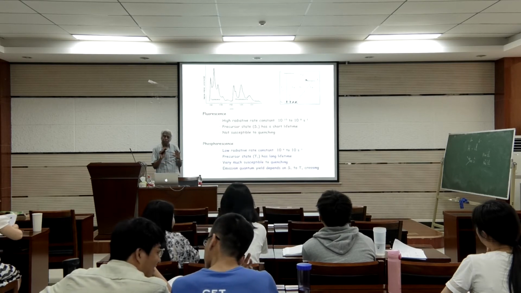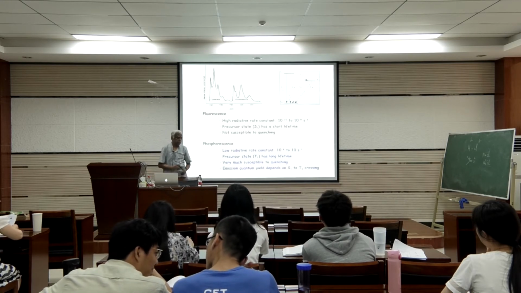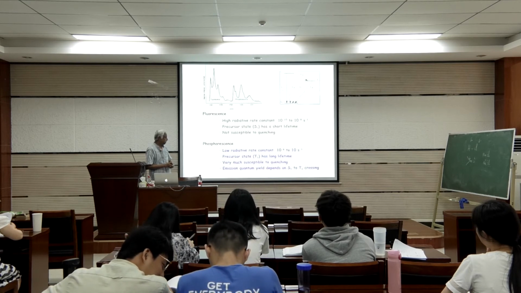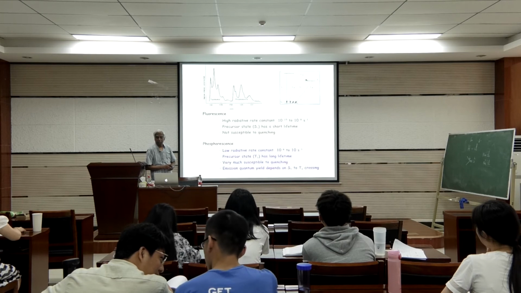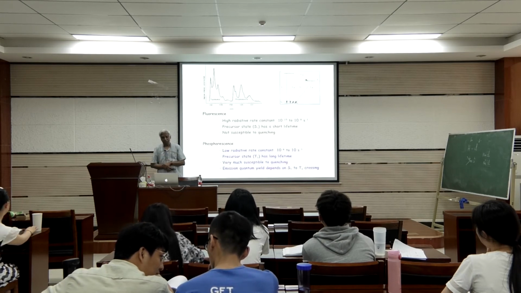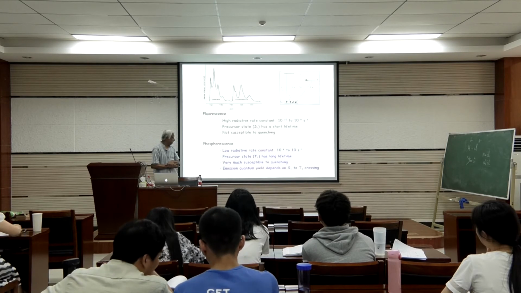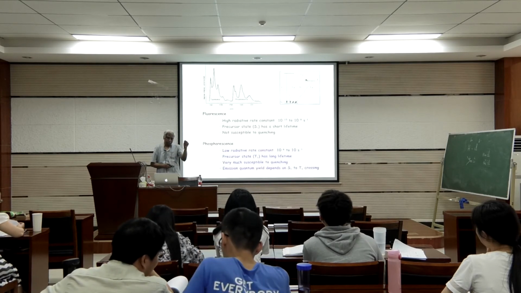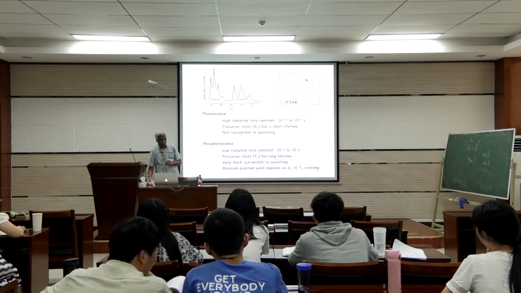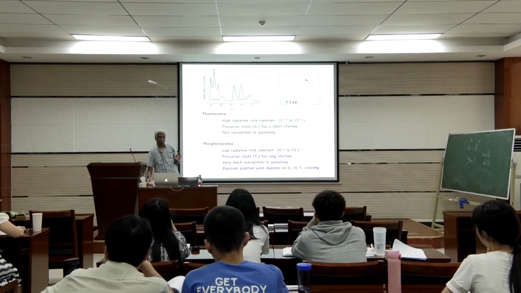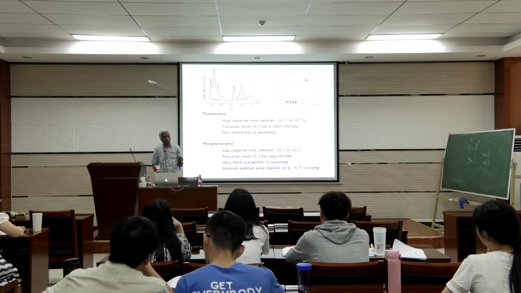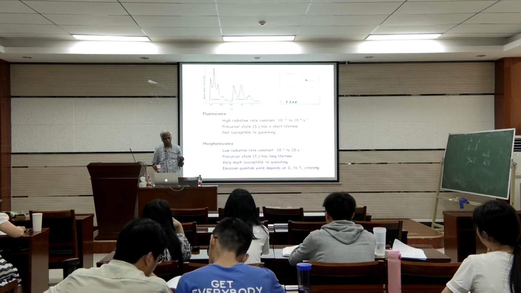The phosphorescence is much harder to see, because it has a longer lifetime, and then it is easy to quench, because if something lives longer, it can be quenched by oxygen. And then there is the intersystem crossing, going from singlet to the triplet. Producing the triplet is very slow, because you have to have some spin orbital coupling that will enhance the intersystem crossing.